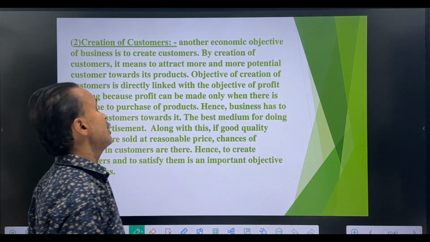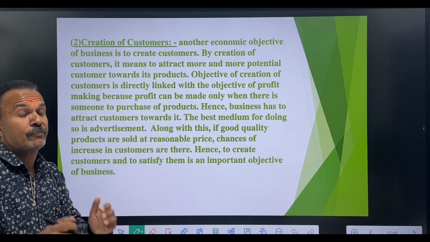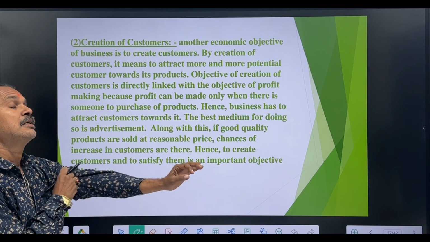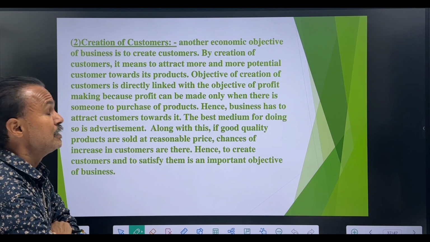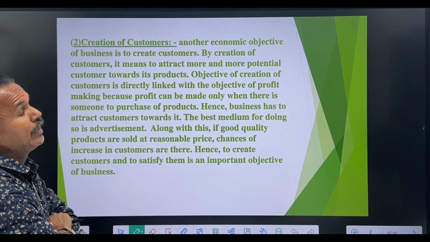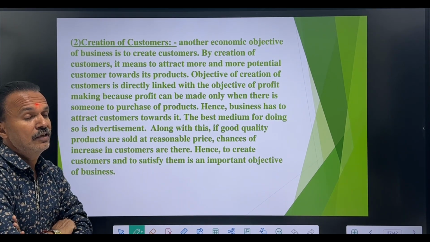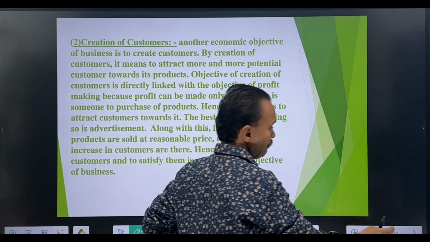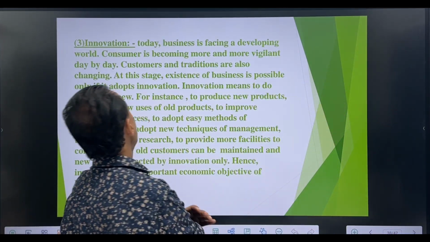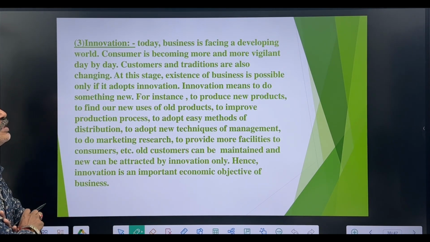Second, creation of customer. Another economic objective of the business is creation of customer. By creation of customer, it means attracting more and more customers to buy the goods of his business. Third, innovation. Today, business is facing a developing world.